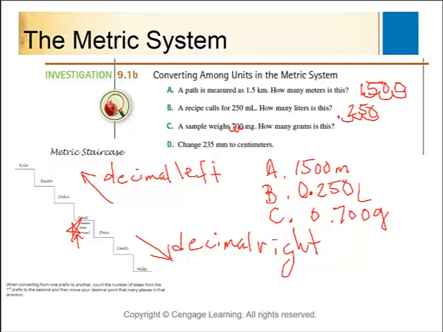For D, change 235 millimeters to centimeters. So I'm sitting here on the millimeter, and all I have to do is walk 1 step to the left. So move my decimal point 1 step to the left, and the answer to D is 23.5 centimeters. Walking up and down the stairs just makes that so easy.